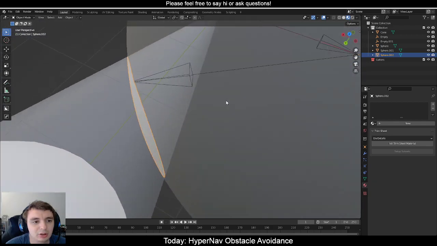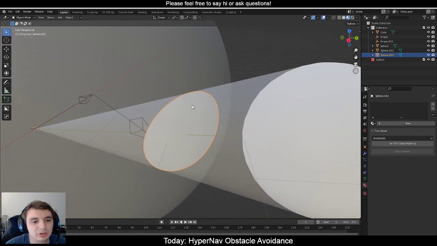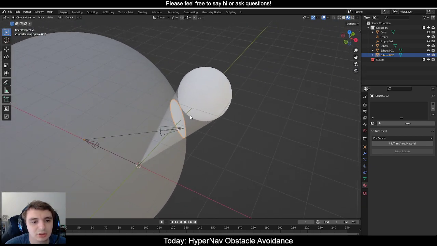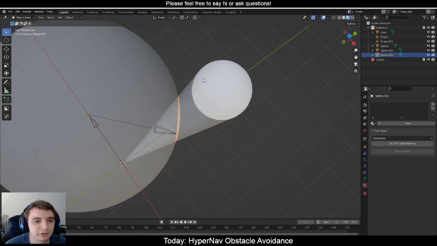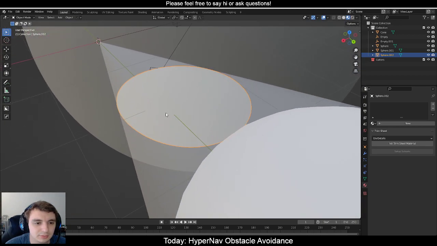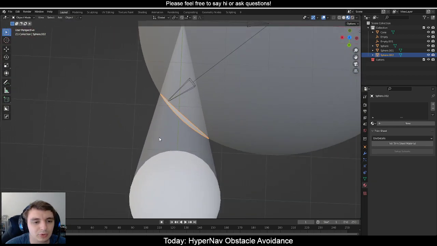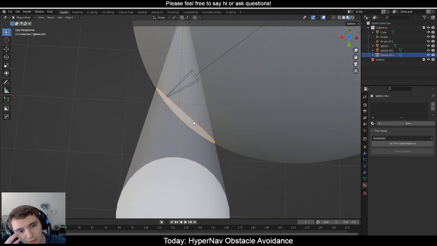So what can we tell about this? We know that the center of it is the point where the axis of this cone intersects with this sphere. Right? Is it always going to be centered on the cone axis?